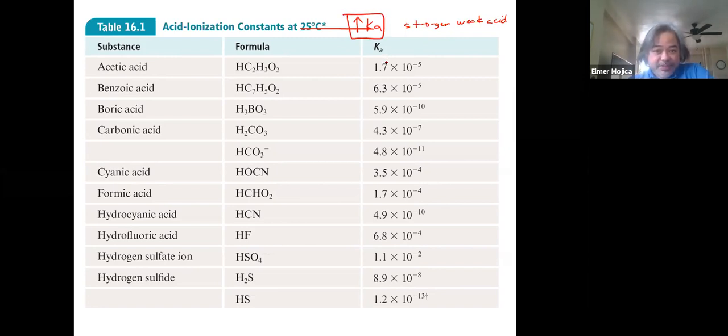If you have the Ka values and you are asked to determine the strongest weak acid, all you need to do is find the highest Ka value. As you can see here, you have acetic acid and benzoic acid. Between the two, benzoic acid is a stronger weak acid compared to acetic acid.